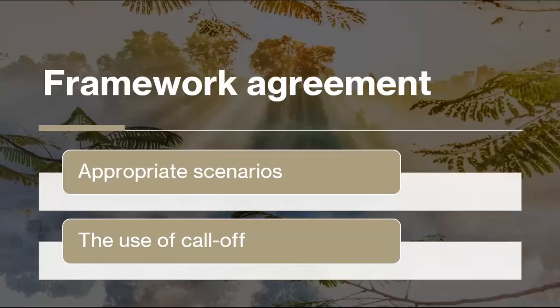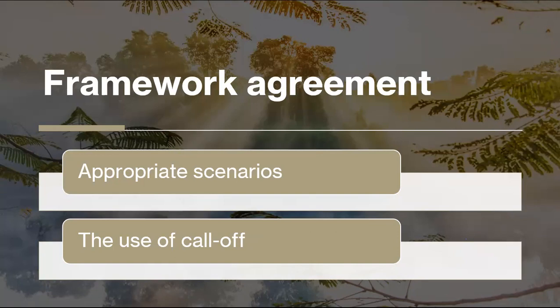Similarly, framework agreement also has such questions. For example, they give you a scenario, or they ask you which of the following categories would be suitable for a framework agreement.